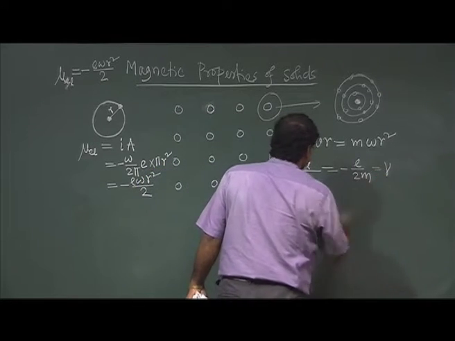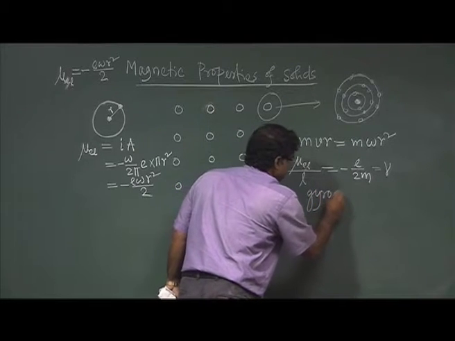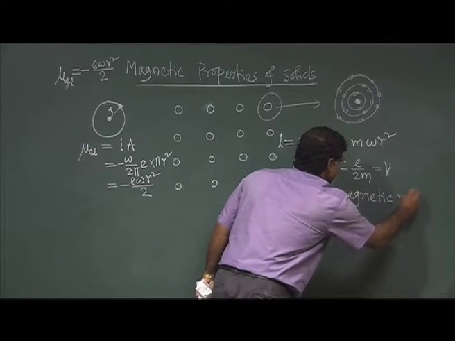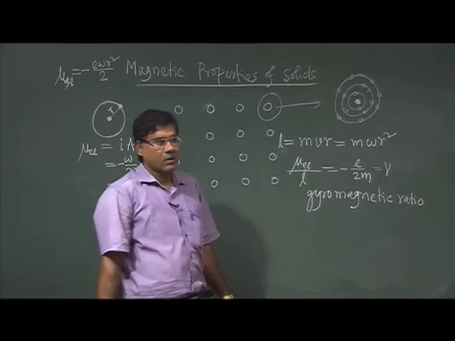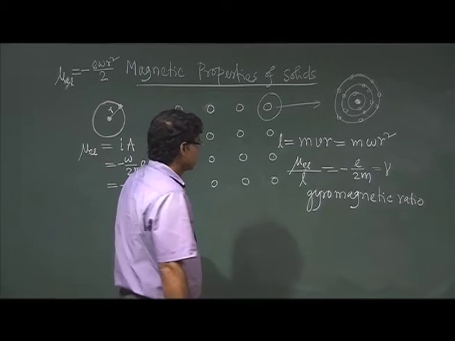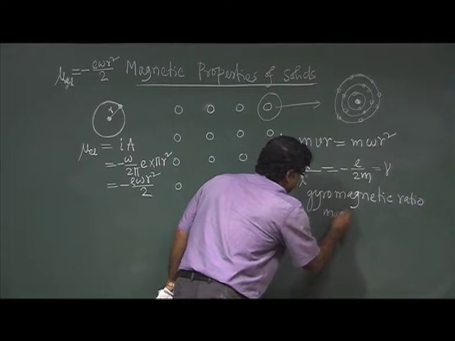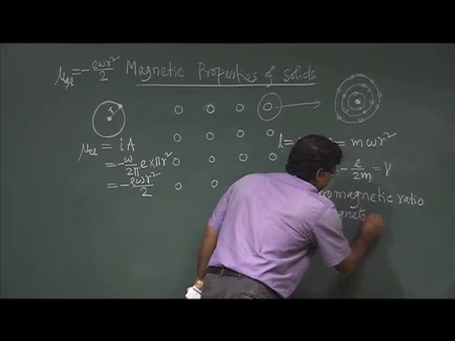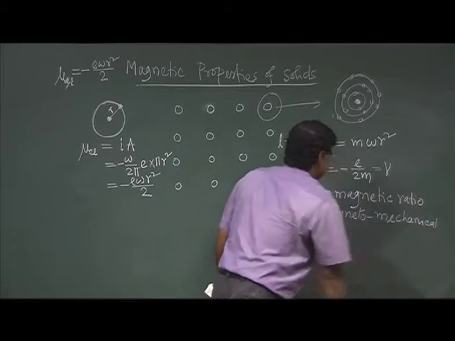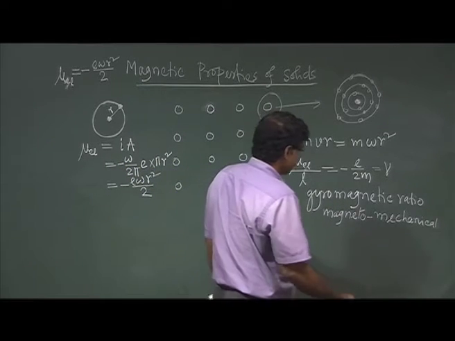This gamma is called the gyromagnetic ratio, or also the magnetomechanical effect, factor or constant.